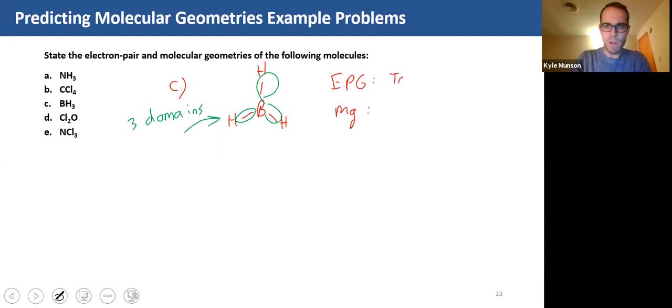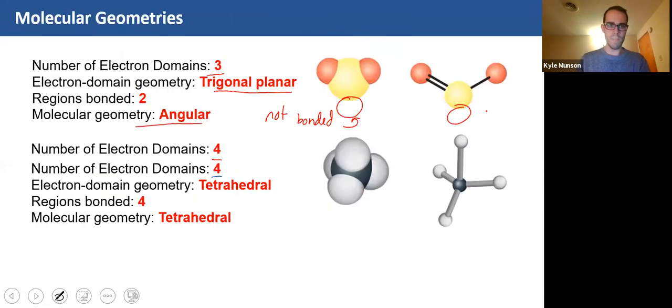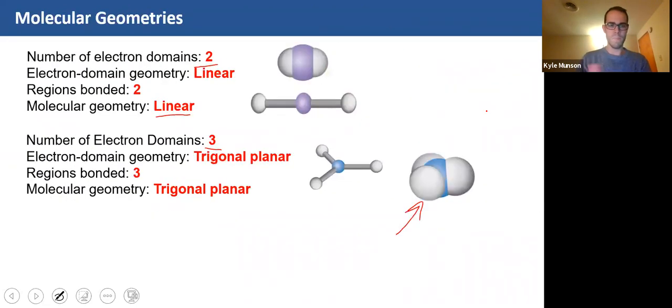This is going to be trigonal planar, and this is also going to be trigonal planar. I'm just referring back to those slides before. So this is right here: 3 domains, all regions are bonded, so it's trigonal planar.